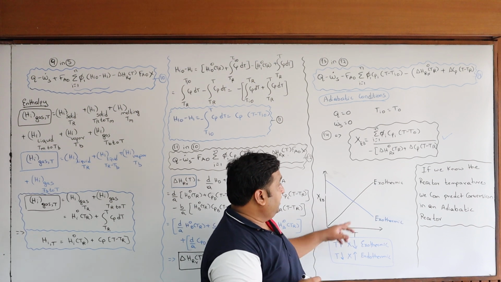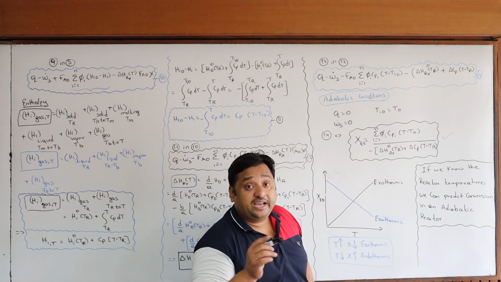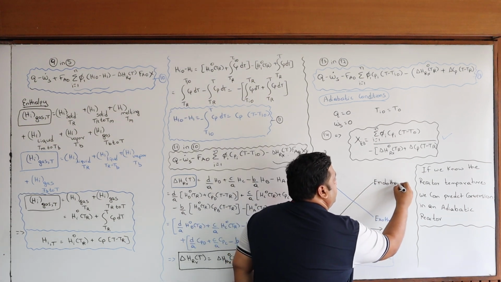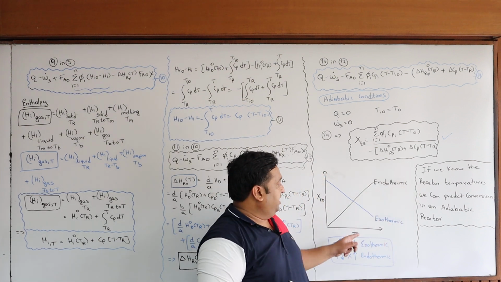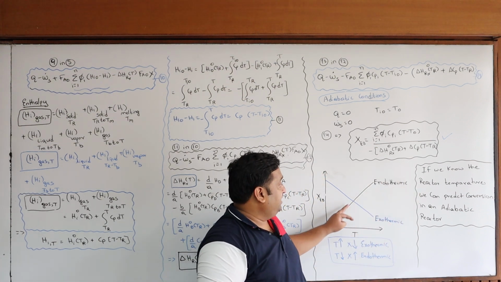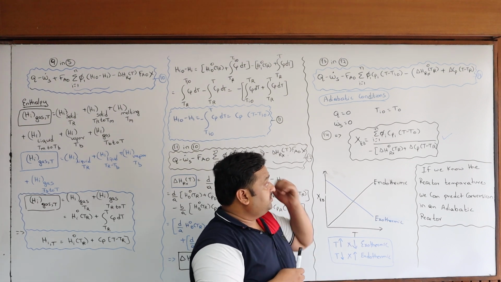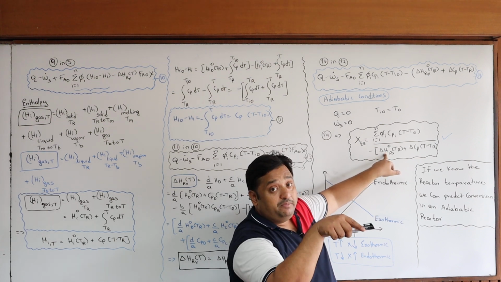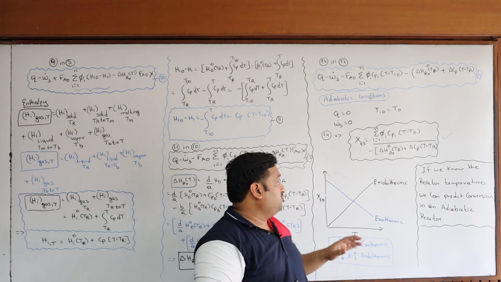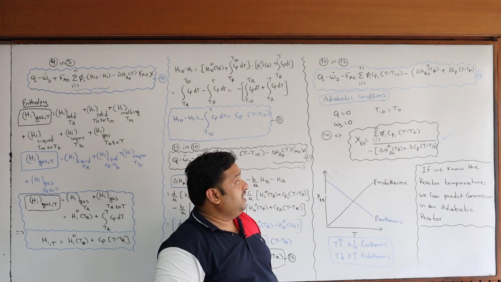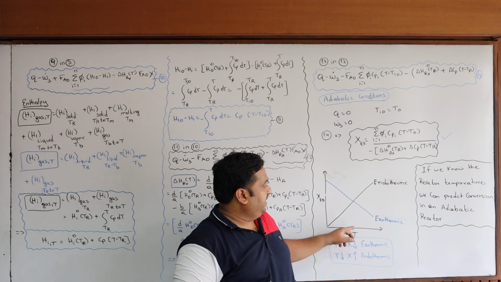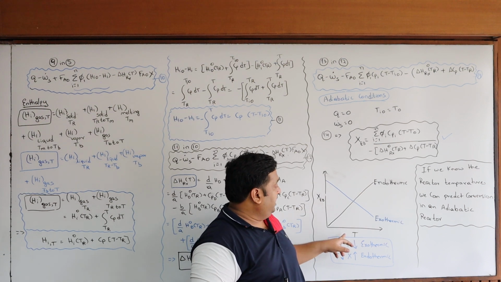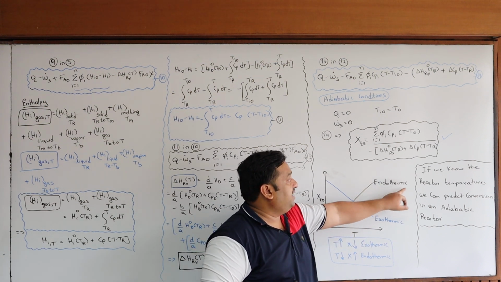For an endothermic reaction, if you increase the reactor temperature, the conversion will increase, because for an exothermic reaction this term is negative, and for an endothermic reaction this term is positive. So, accordingly you get this kind of plots, because this is a linear equation. Always, if you increase the temperature, the conversion will decrease in an exothermic reaction and increase for an endothermic reaction.